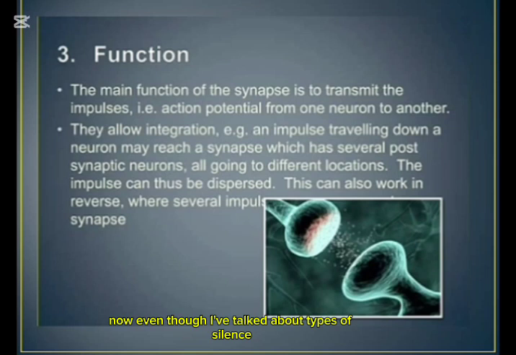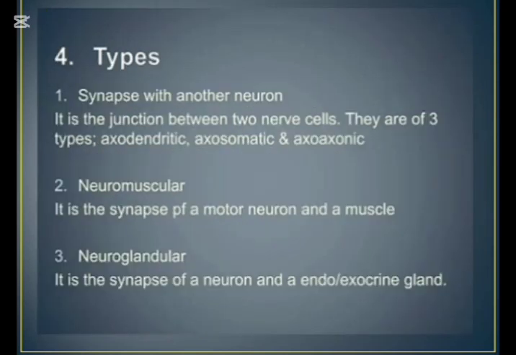Now, even though I've talked about types of synapse, let's just make it more elaborate. There are three types of synapse. Okay? The first one is the synapse that is formed between two neurons. Alright? Neuronal synapse.